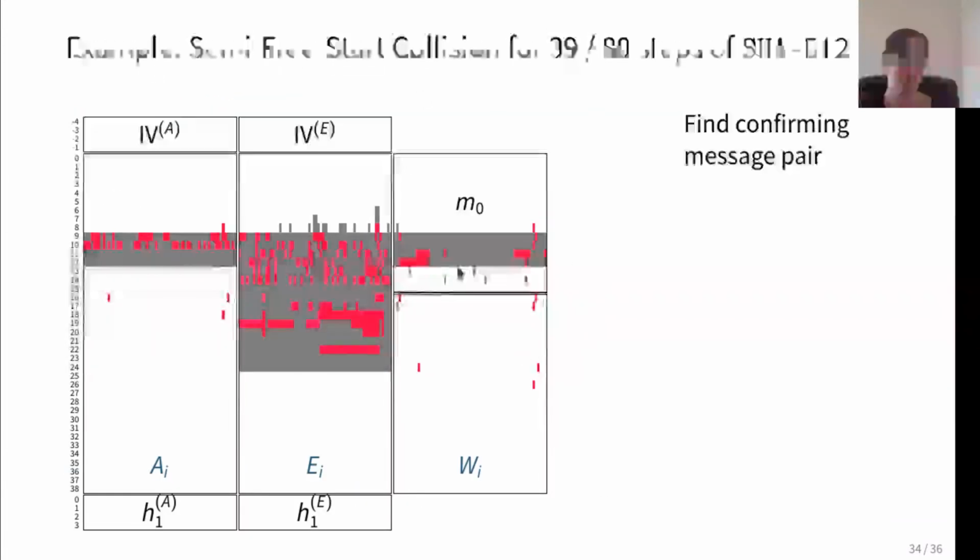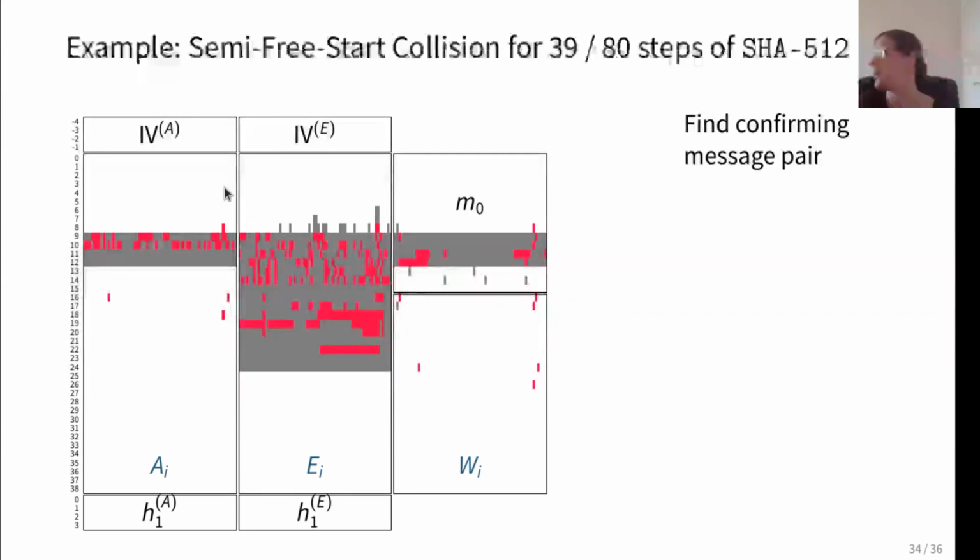So we keep doing this guess and determine stuff until everything here is gray or red, where red is either 1, 0 or 0, 1, and gray is either 0, 0 or 1, 1, but we know which one of them. And when we've done this, when we've found a valid solution that doesn't lead to any contradictions anymore in our guess and determine strategy, then we've found a valid collision.